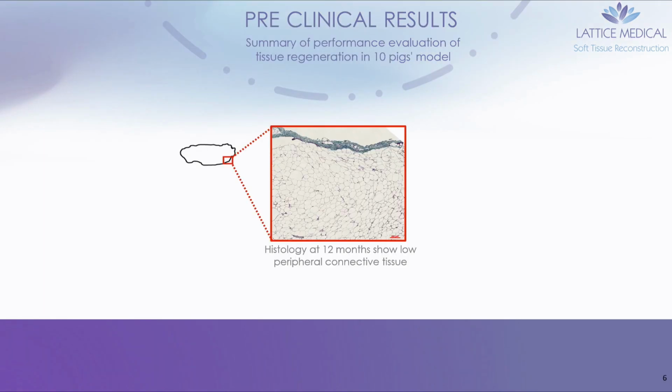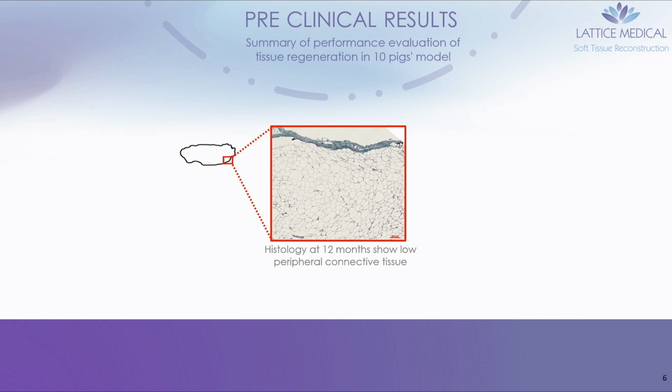To go further and have a better characterization of the regenerated tissue, we performed histological analysis. As you can see here, the fat flap consists of viable mature adipose tissue without necrosis or signs of inflammation, and this normal tissue is surrounded by a thin layer of connective tissue.